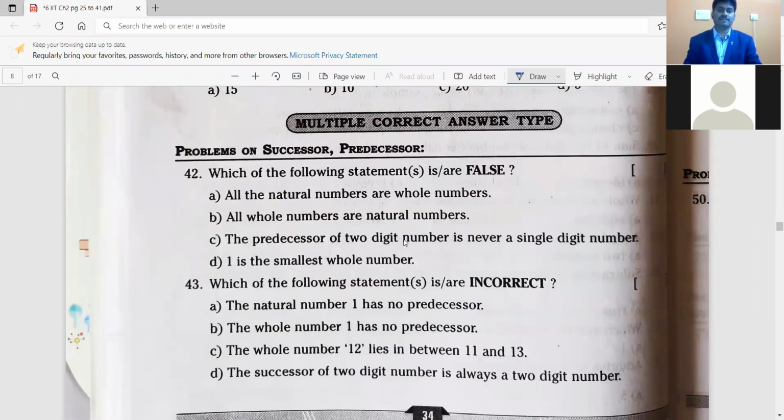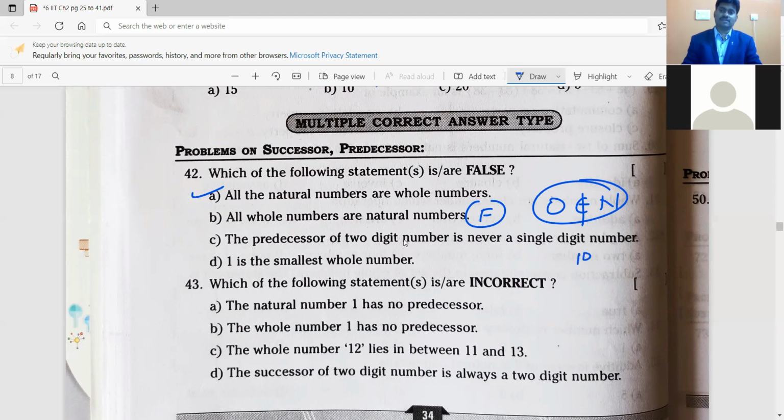Which of the following statements is false? All natural numbers are whole numbers. Yes, it is correct. It is true. All whole numbers are natural numbers. No, because 0 is not a natural number. The predecessor of a two-digit number is never a single digit. Yes.